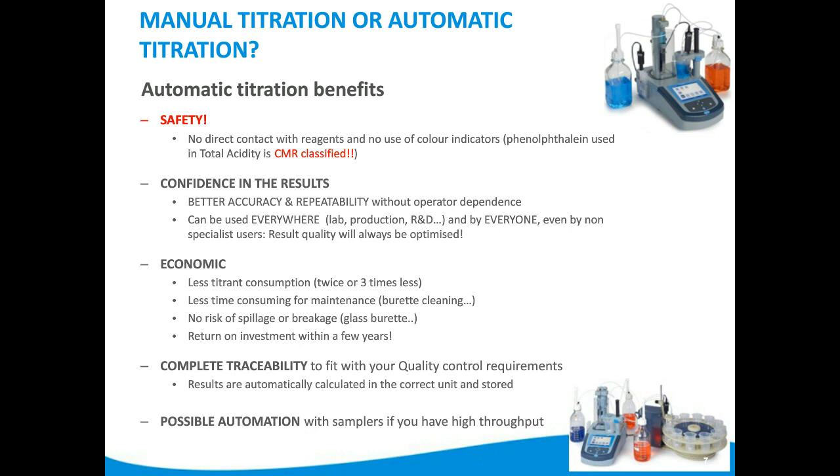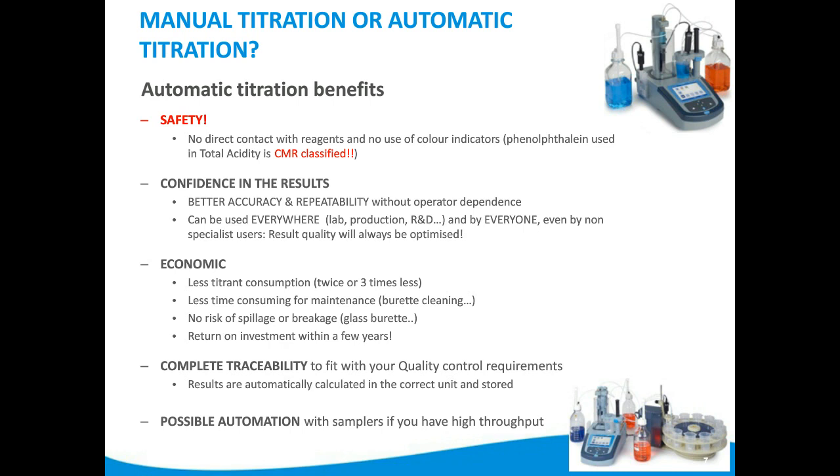First, safety. With an automatic titrator, the user is no more in contact with reagents, and we don't use color indicator. If we take the example of total acidity, we use a color indicator which is called phenolphthalein.